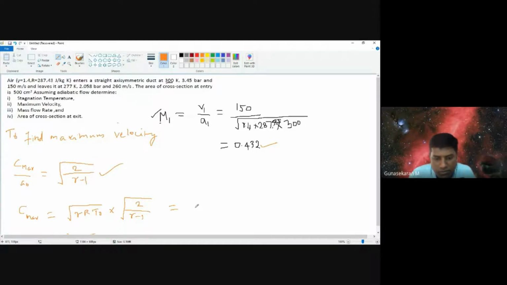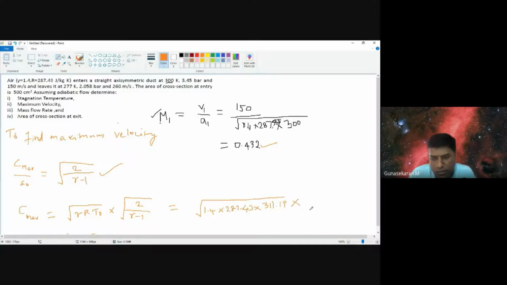Yeah, please substitute. Then it is nothing but square root of 1.4, because gamma is 1.4, into 287.43, into T naught. T naught we know is 311.19.